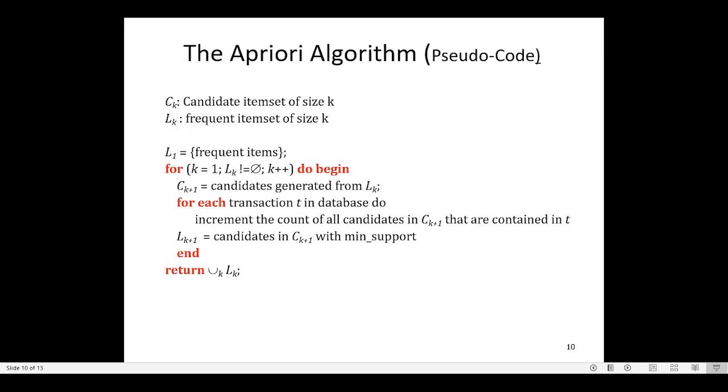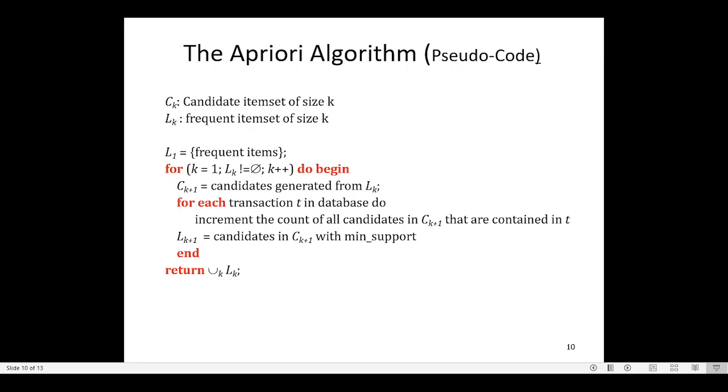This is the Apriori algorithm. Here Ck is the candidate item set of size k, Lk is the frequent item set of size k, and L1 is given as the frequent items. Now we check the condition: for k equal to 1, Lk not equal to null, k plus plus. We begin.